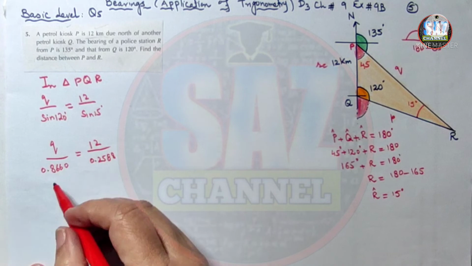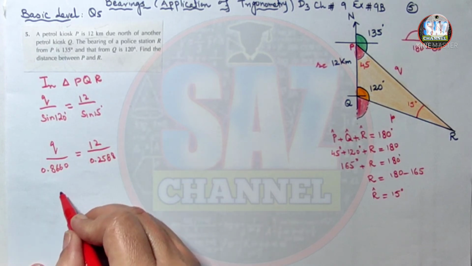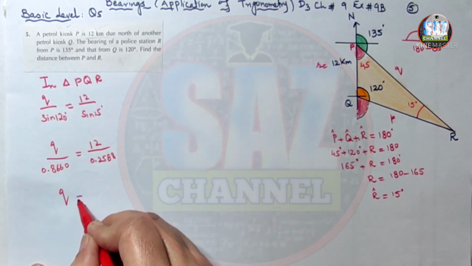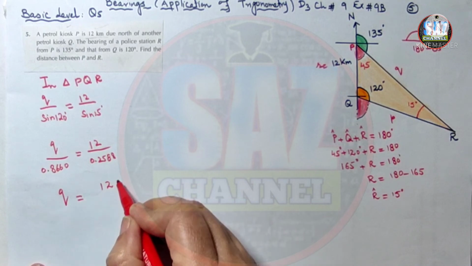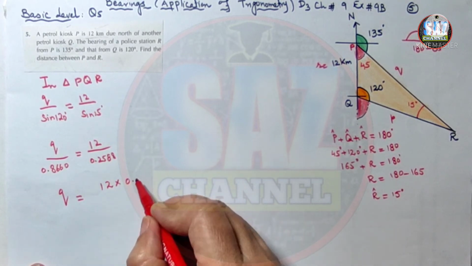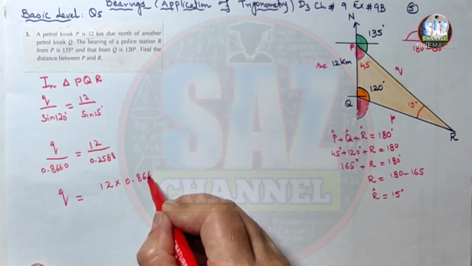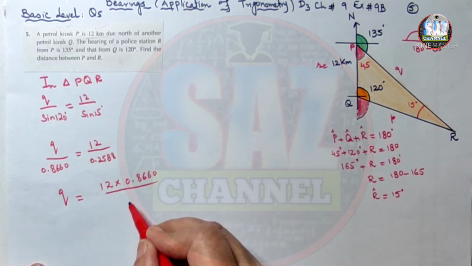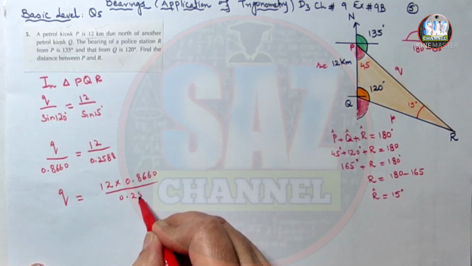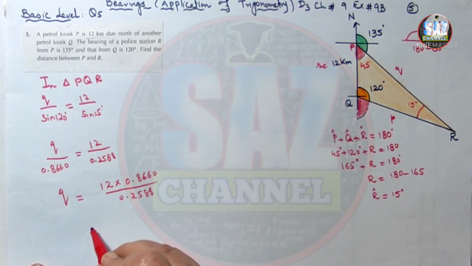Okay, now in order to get value of q, we have to go for cross multiplication. 12 multiplied by 0.8660 divided by 0.2588.